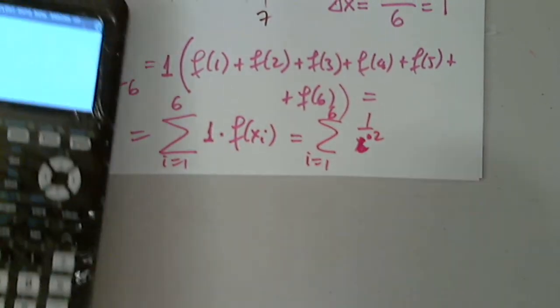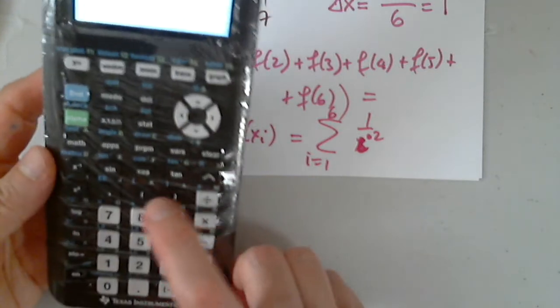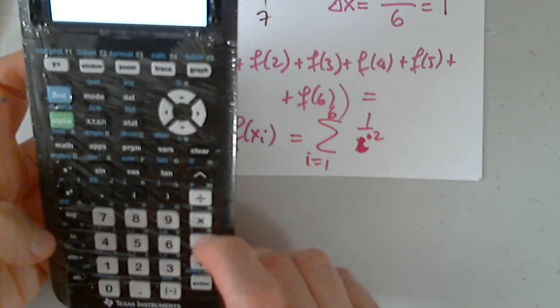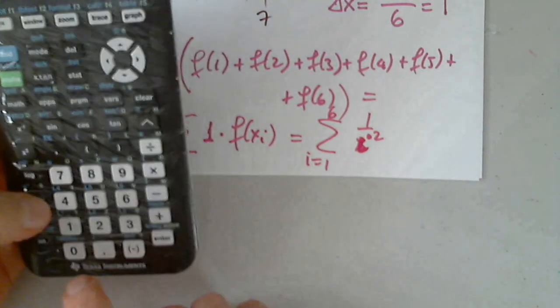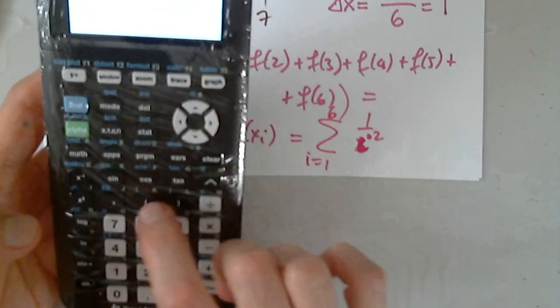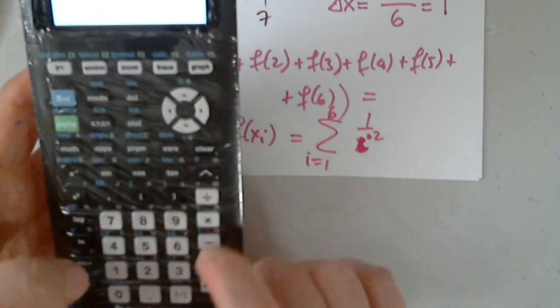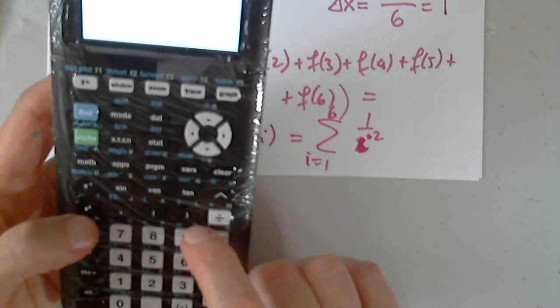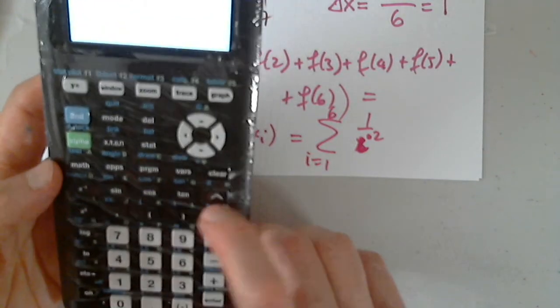In the calculator, I have to put x. So 1 divided by, I'm not sure whether the calculator needs another set of parentheses, but to be on the safe side, I'm going to put another set of parentheses. x squared, and close the parenthesis.